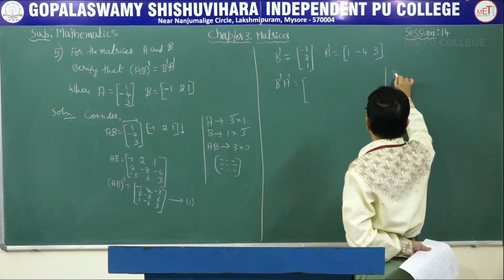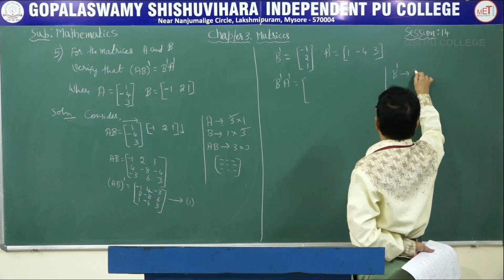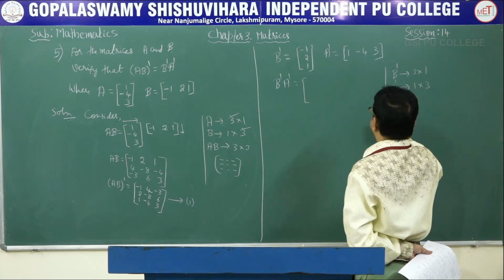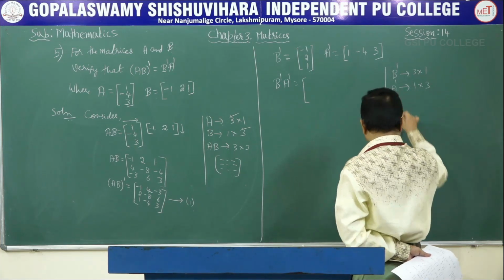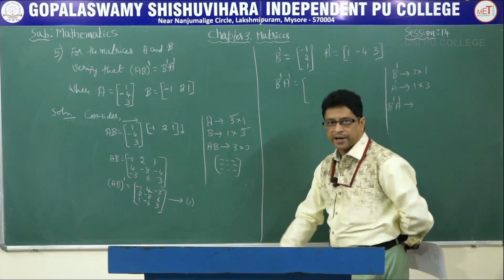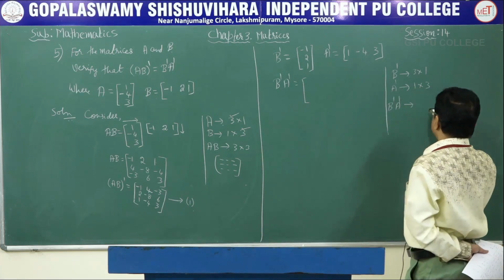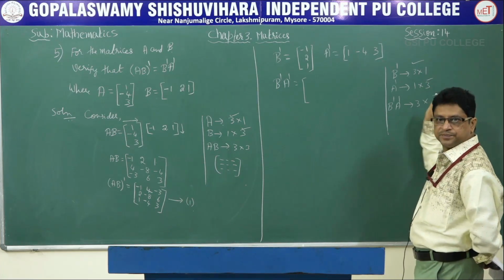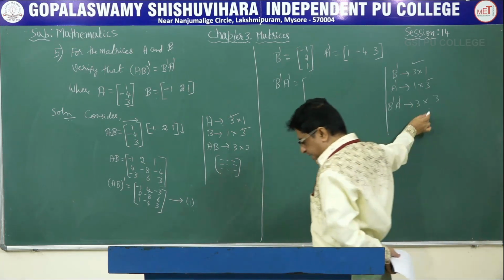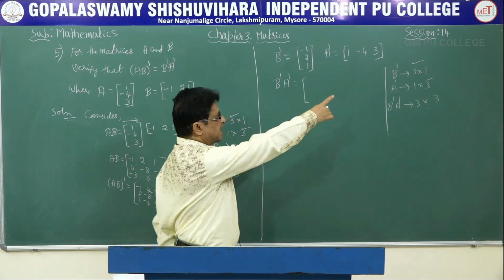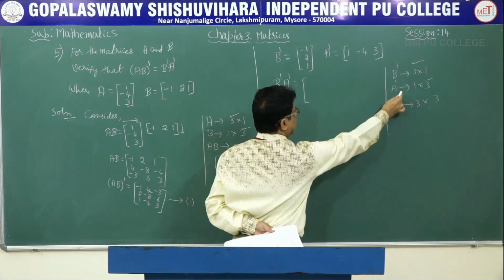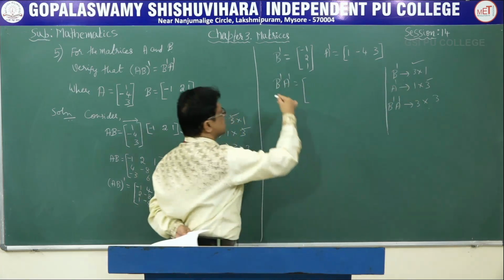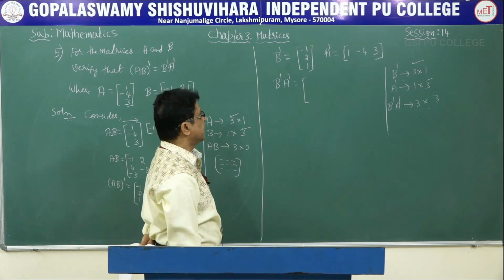B dash will be of the order 3 into 1 and A dash will be of the order 1 into 3, and the product B dash into A dash will be of the order 3 into 3. So let us take the product of B dash and A dash.